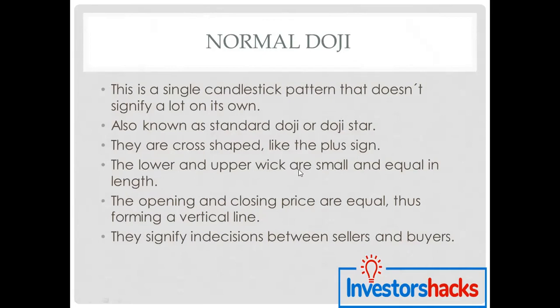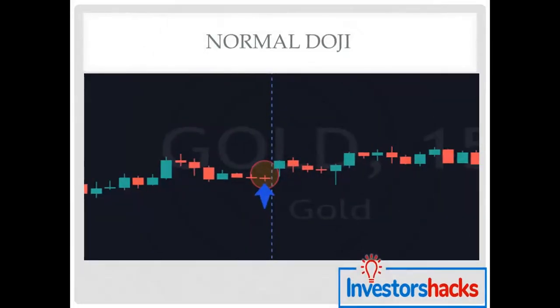The lower and upper wick are small and equal in length. The opening and closing price are equal, thus forming a vertical line. In essence, normal doji signify indecision between sellers and buyers. The reason I'm saying you can do nothing about them is that it's just a matter of watching them.